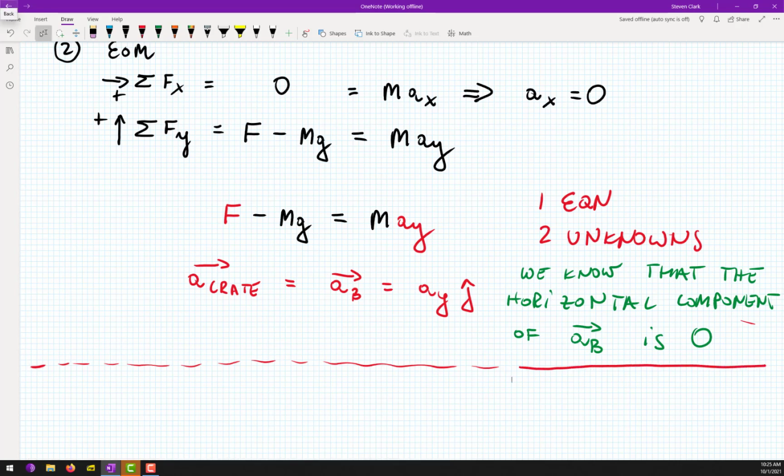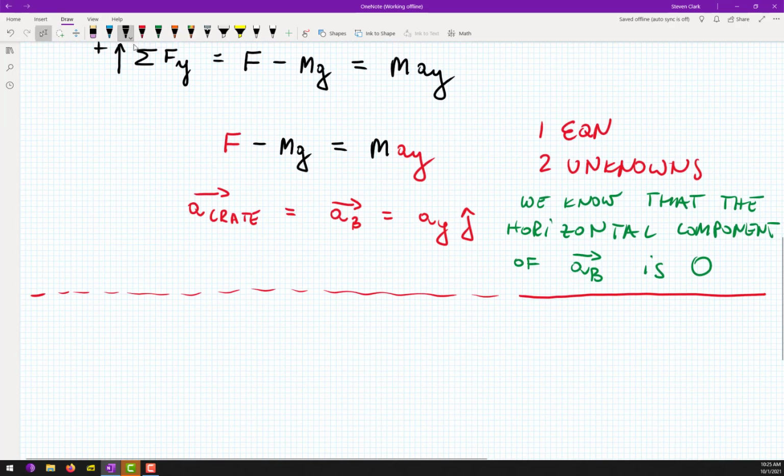We know that the horizontal component of acceleration is 0. Now we need more equations, yeah?